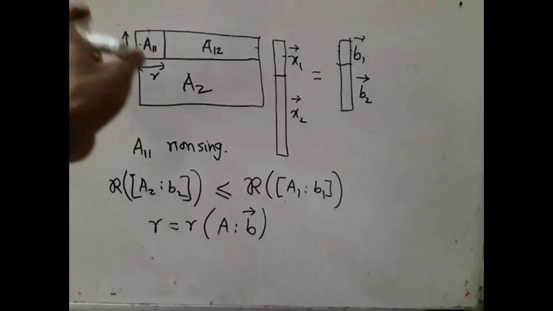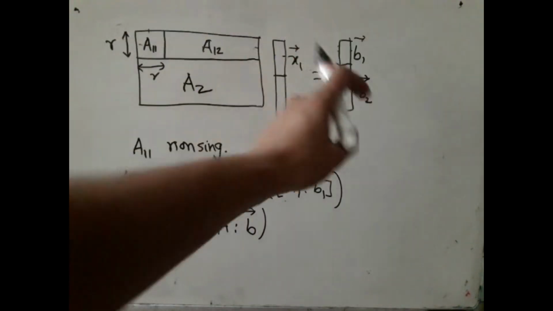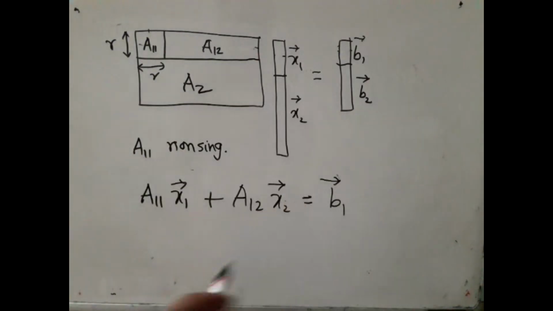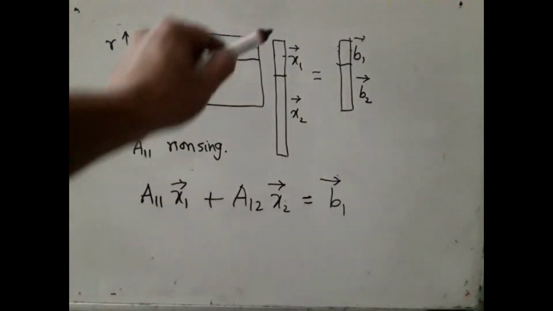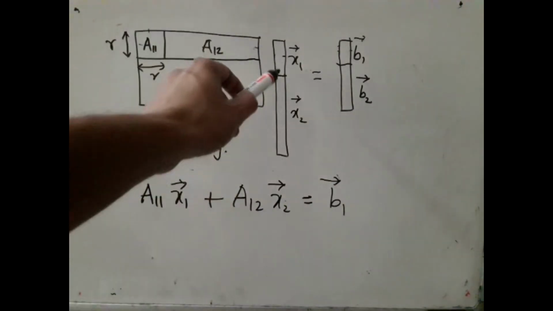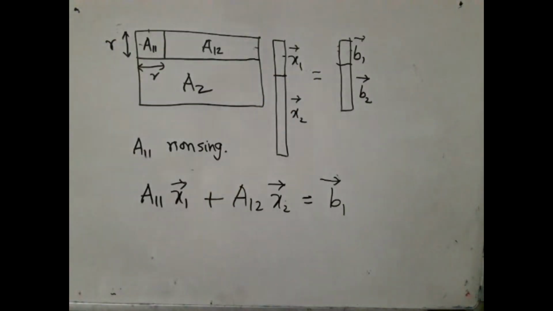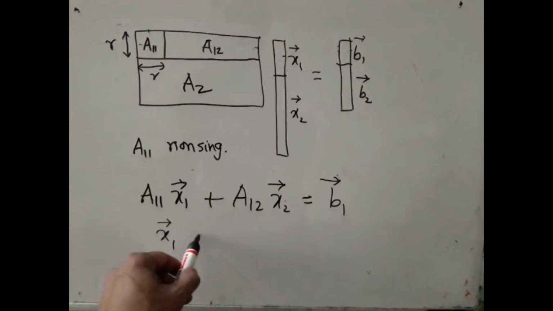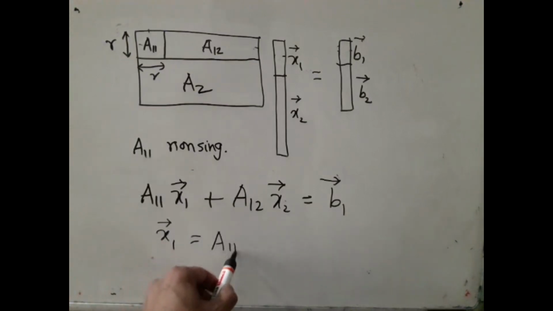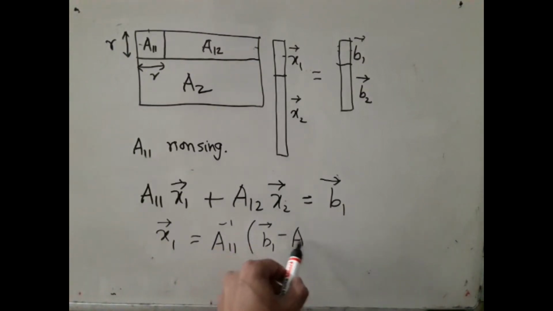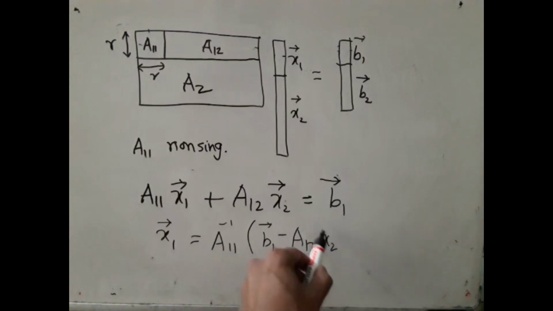Okay, so the system of equations now reduces to only the top part, and that top part is A11 x1. Remember, that is also a vector, all the unknowns here, and x2 is all the unknowns here, plus A12 x2 is equal to b1. Now I have assumed A11 is non-singular. As a result, I can do the same trick that I showed earlier. I can just write x1 equal to A11 inverse times b1 minus A12 x2.